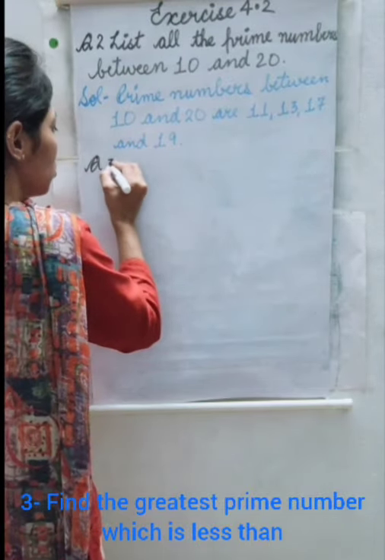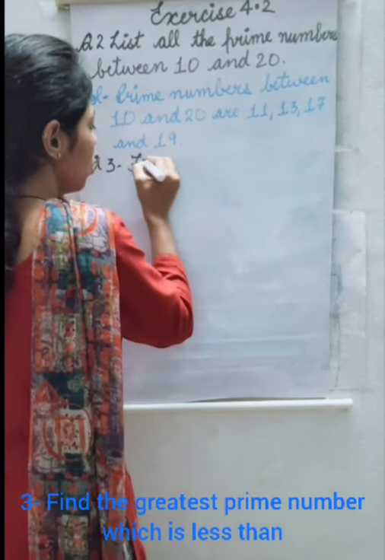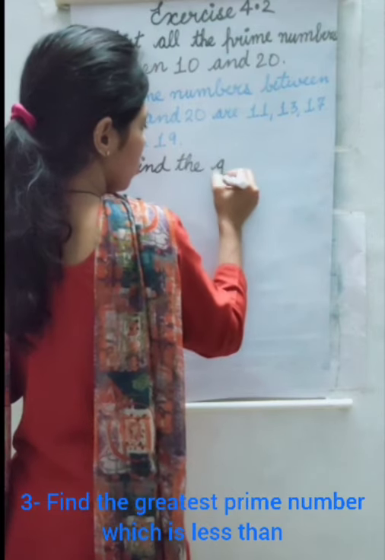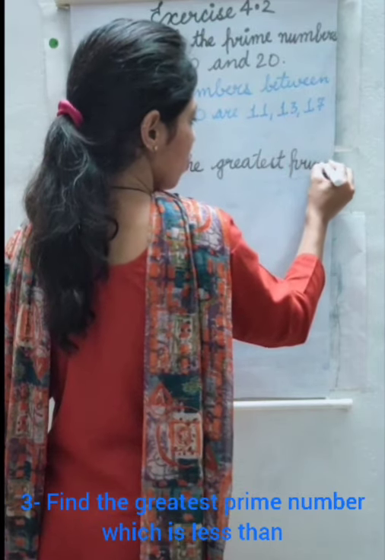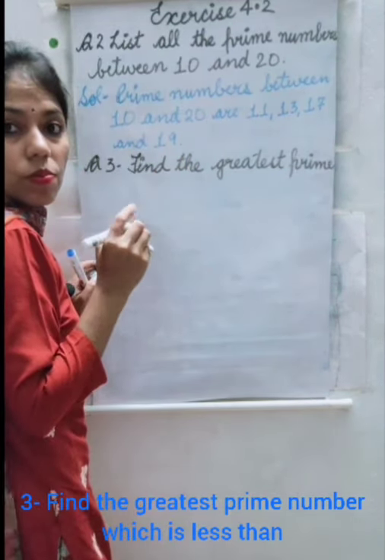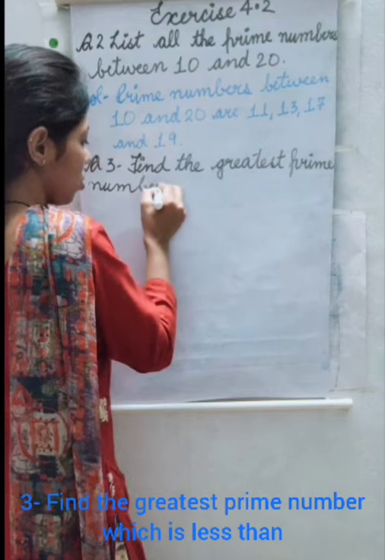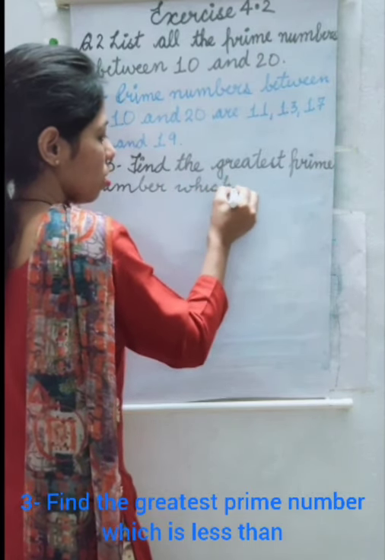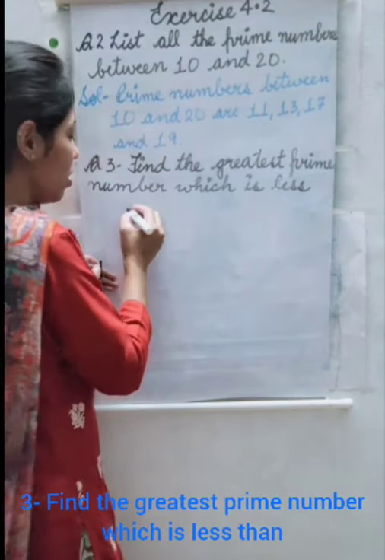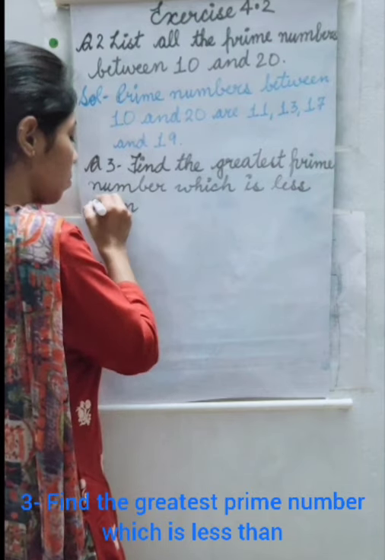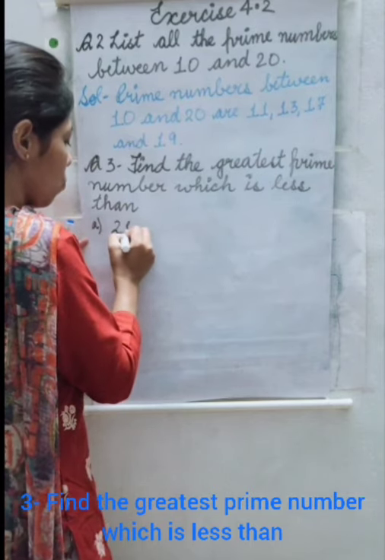Question 3 is find the greatest prime number which is less than, first part is 21.